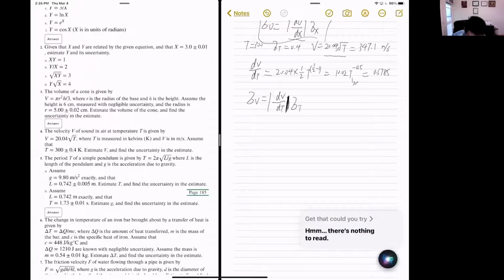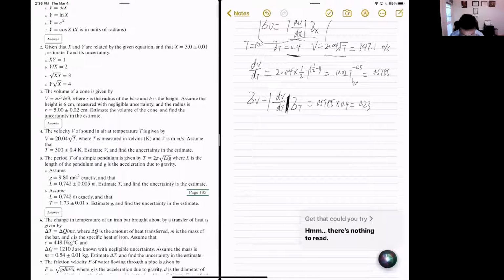Okay. So the absolute value of dV/dT times sigma T. That is 0.5785 times sigma T. Sigma T is given as 0.4. So sigma V is equal to this much.